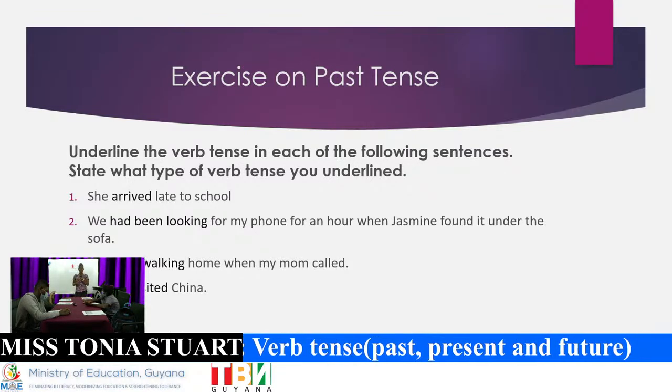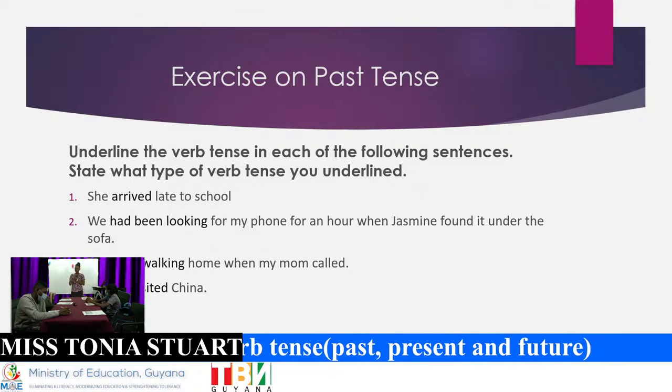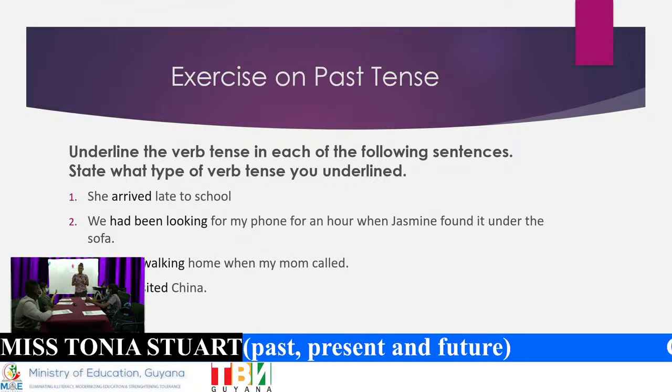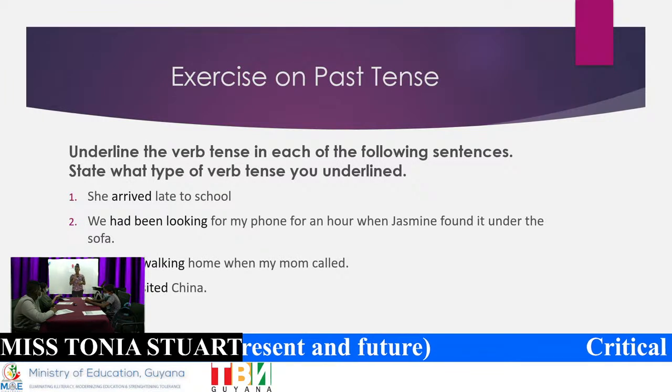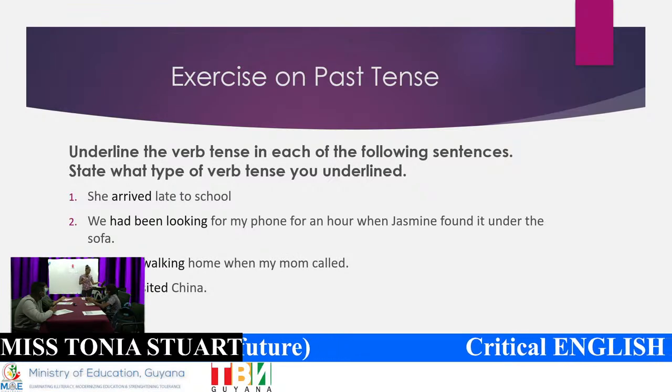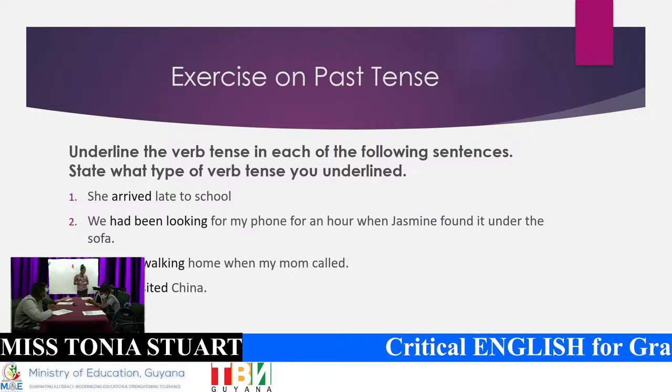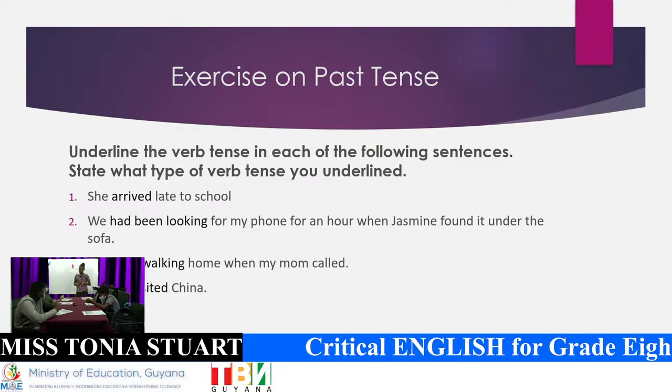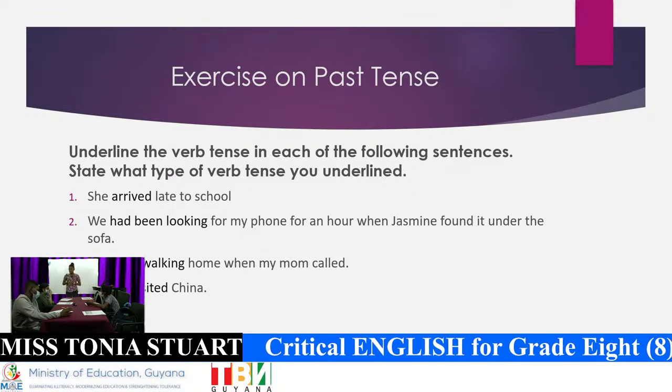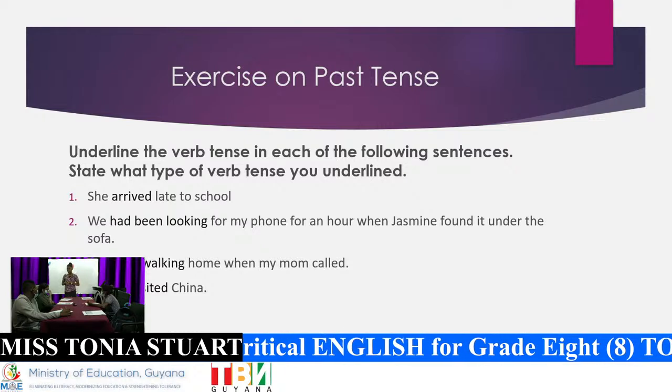Simple, perfect, continuous, and perfect continuous. So I'm going to give you 2 minutes. I'm going to give you 30 seconds for each question. So the 2 minutes will give you the 4 done. So you're underlining the verb, and then you're going to state whether it is simple, perfect, continuous, or perfect continuous past tense.